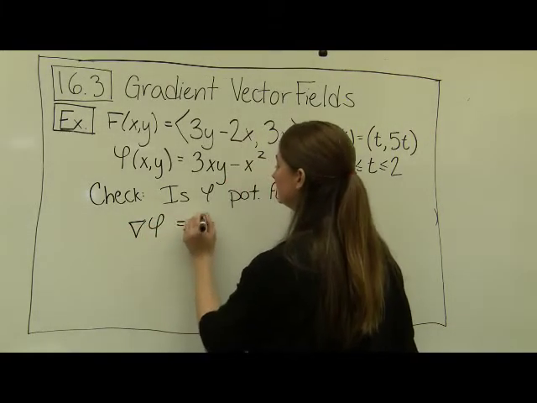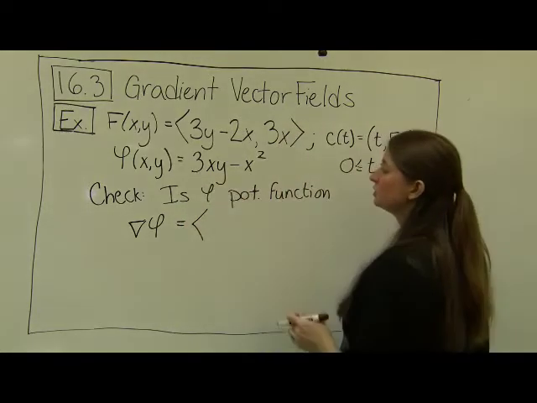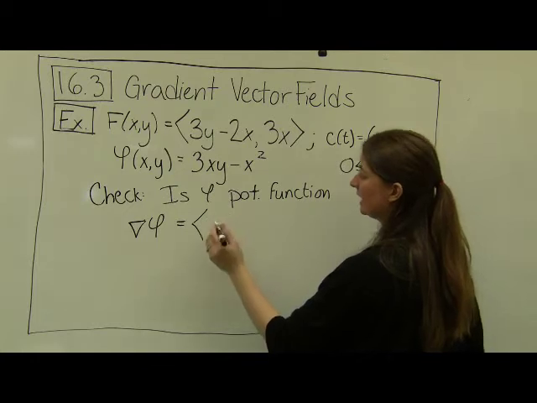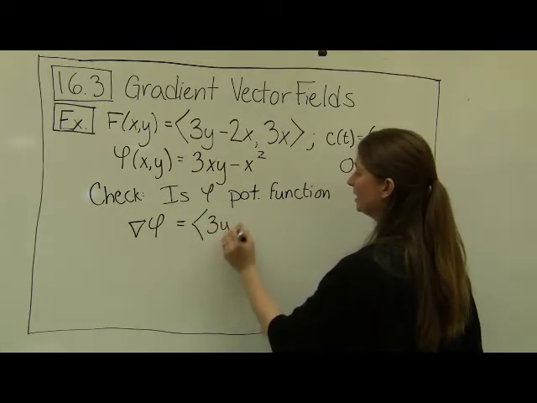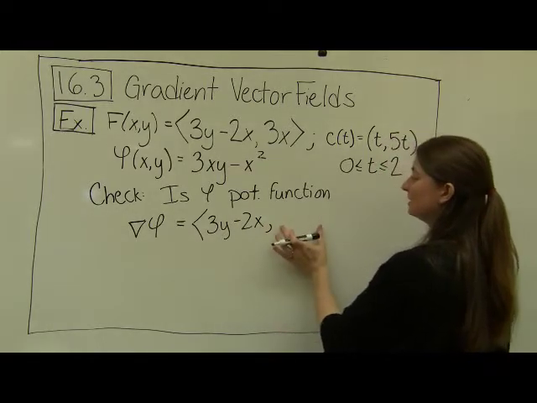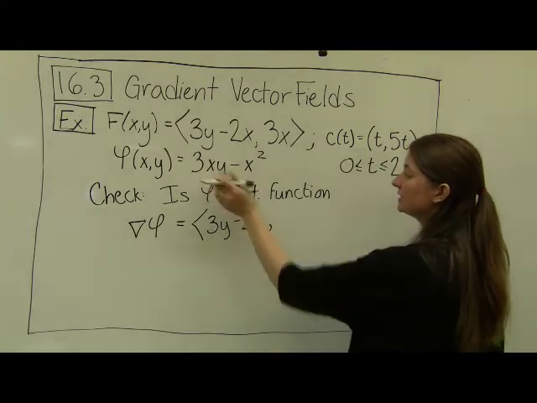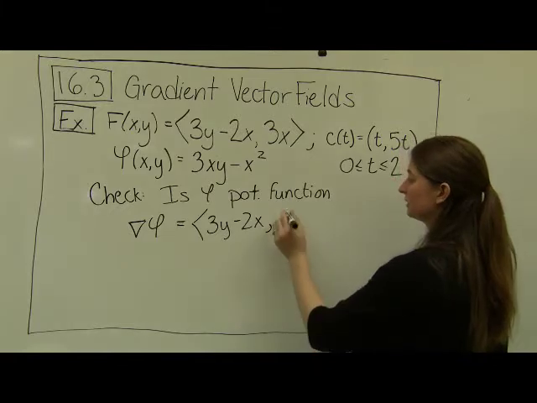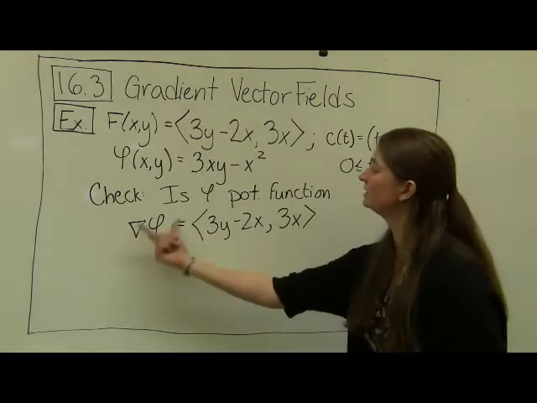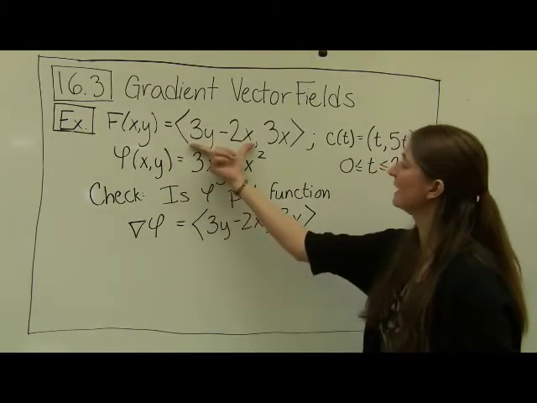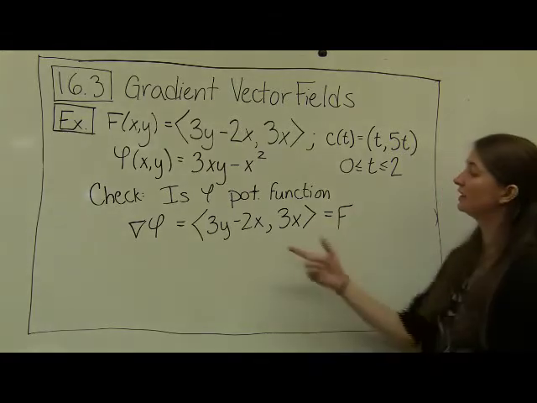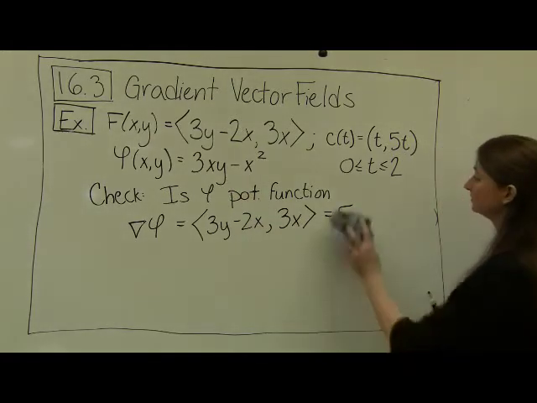The gradient of phi in this case, looking at the partial derivative with respect to x, I'm treating y as a constant, and I end up with 3y minus 2x for the first component. And then for my second component function, I treat x as a constant, and I take my derivative with respect to y, and I end up with 3x. So notice that the gradient of my potential function is exactly equal to this vector function, f. And so I know that phi actually is a potential function.